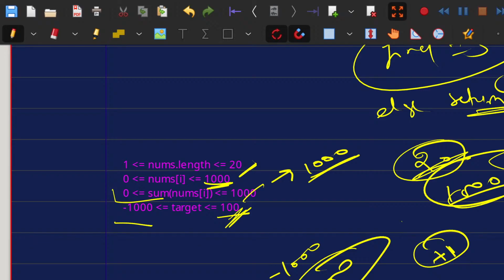1000. We subtract. Okay. So if we subtract, it can go to minus 2000, right? Minus 2000 to, this is 1000, right? So minus 2000 to plus 2000, let's see.